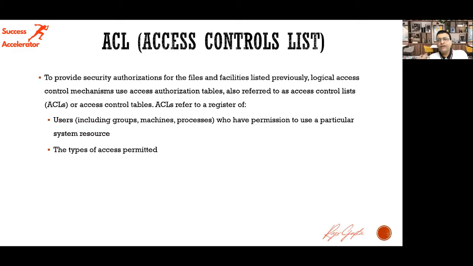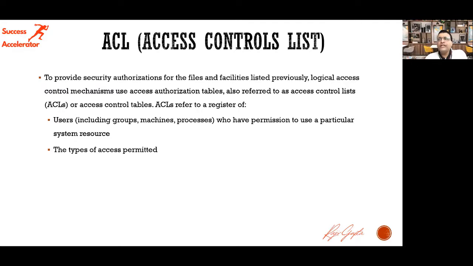And whenever someone wants to access a particular transaction, suppose I'm trying to access purchase order creation, the system immediately goes into ACL. ACL is the list of what all each user is authorized for. So it will check, okay, Rajiv Gupta is a user and he's trying to access creation of purchase order.